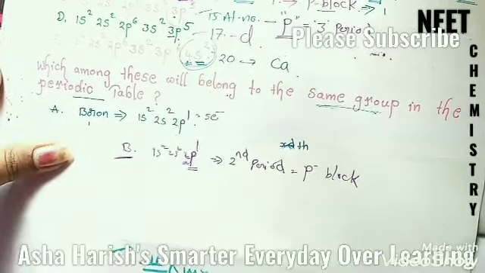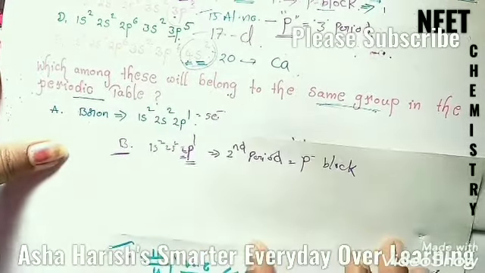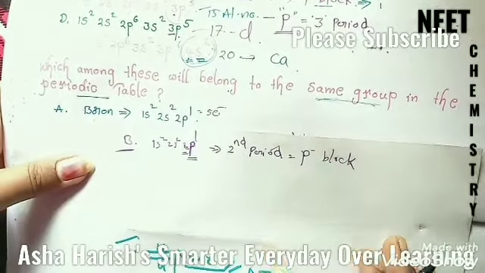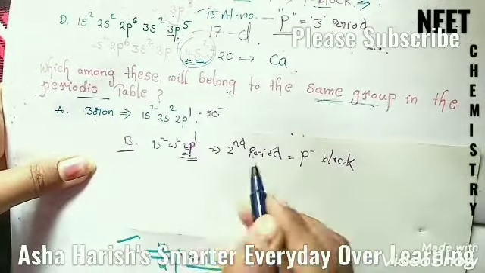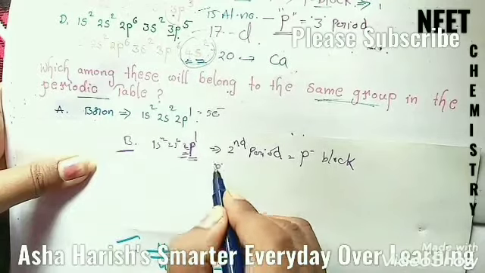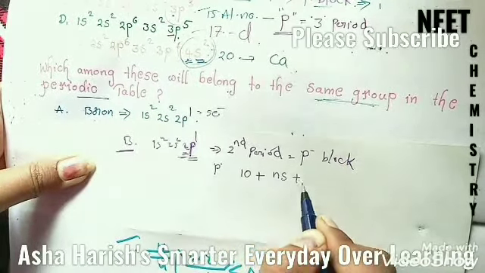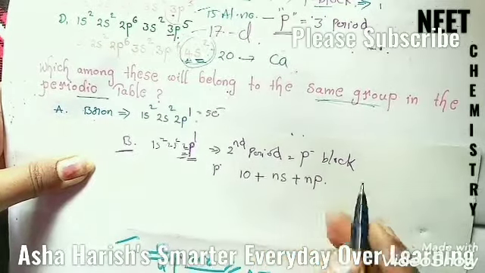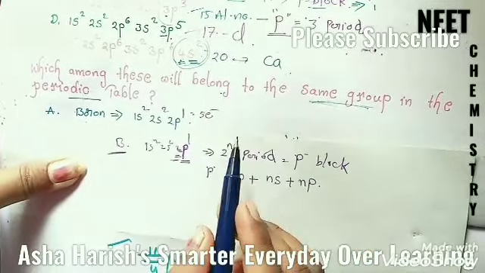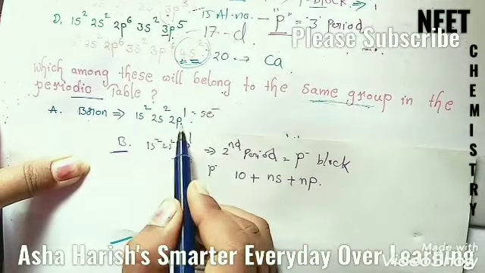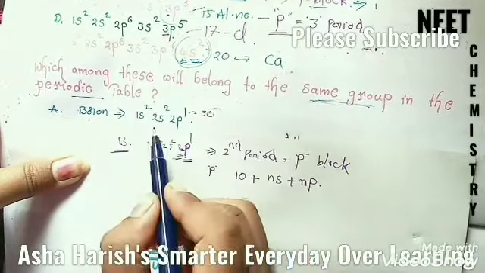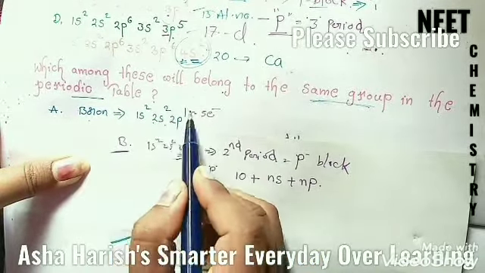For this, you need to calculate the number of electrons and find which group the element belongs to. For a p block element, you take 10 plus ns electrons plus np electrons. In this configuration, ns2 and np1, that is 2s2 and 2p1.